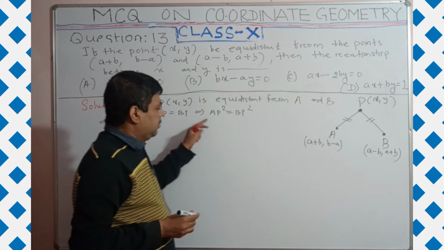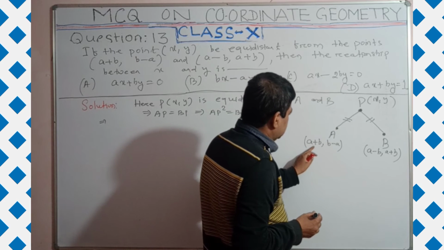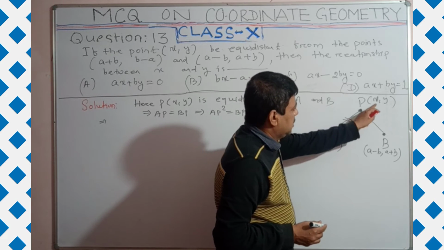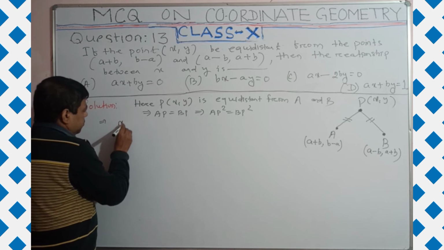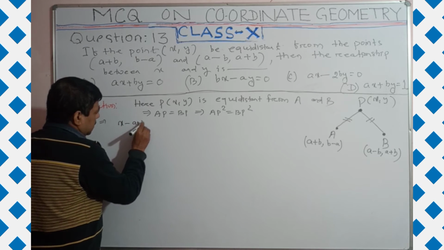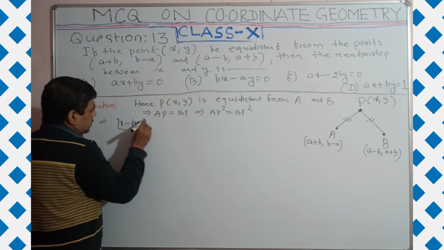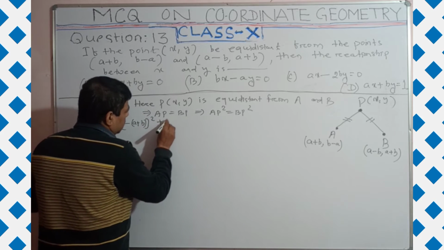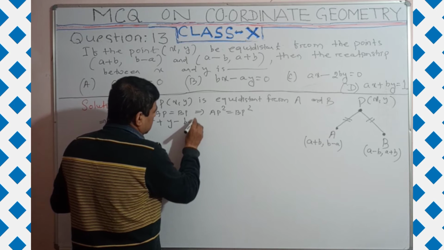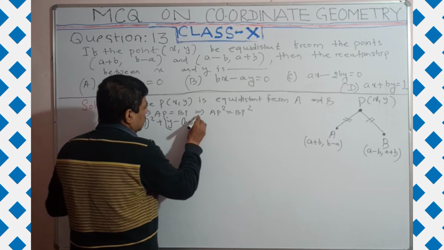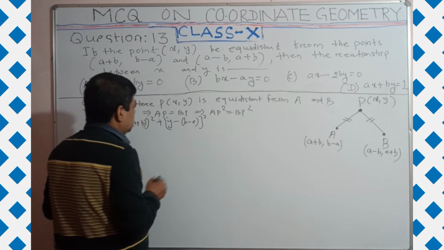For the distance AP, think of this as x1, y1 and this as x2, y2. It means (x - (a+b)) whole square, the difference between the x coordinates, plus the difference between the y coordinates, (y - (b-a)) whole square.